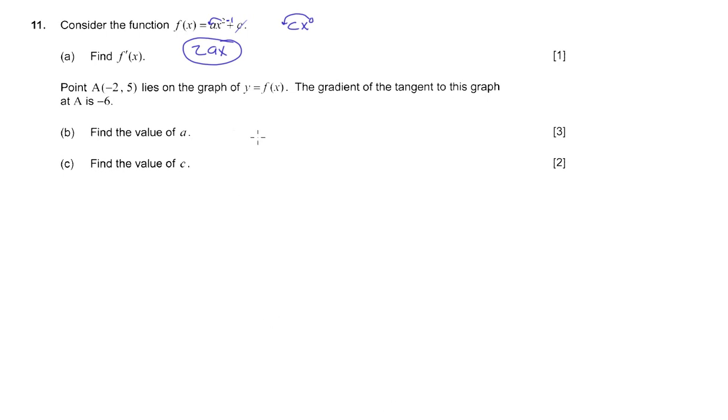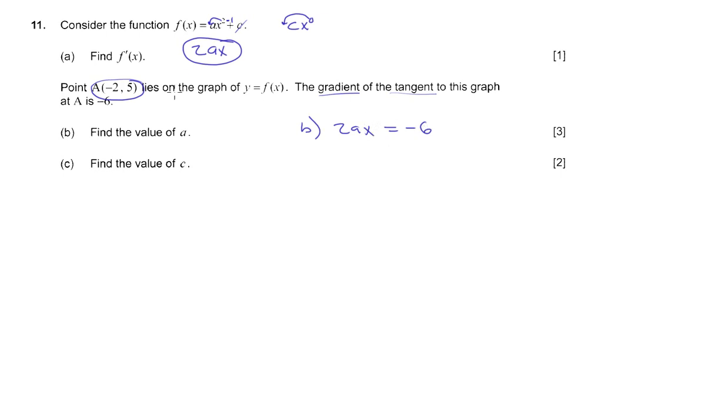Okay, so what we're going to want to do for that is we have our derivative here. So we got 2ax, and it says the slope of the tangent to this graph at A is negative 6. So we know that this equals -6. Okay, and then it's at this point A, which is -2, 5, where the slope is -6.